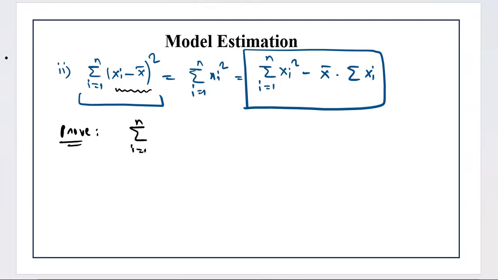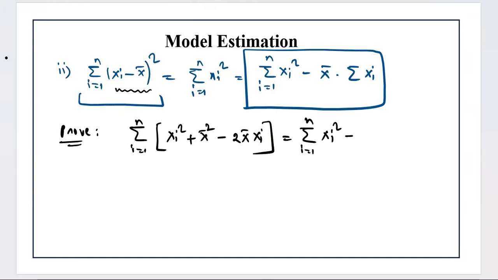So expand this formula. This will be simply xi squared plus x bar squared minus 2x bar into xi, right? This is the a minus b whole square formula. Now apply the summation on each of these terms. Plus this will be n x bar squared minus 2x bar into summation i from 1 to n xi, right? So keep this term as it is.